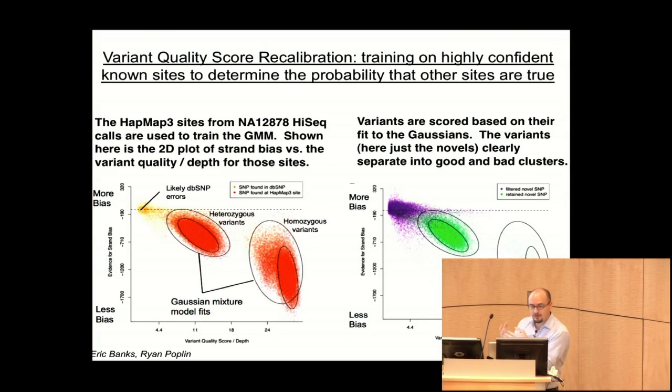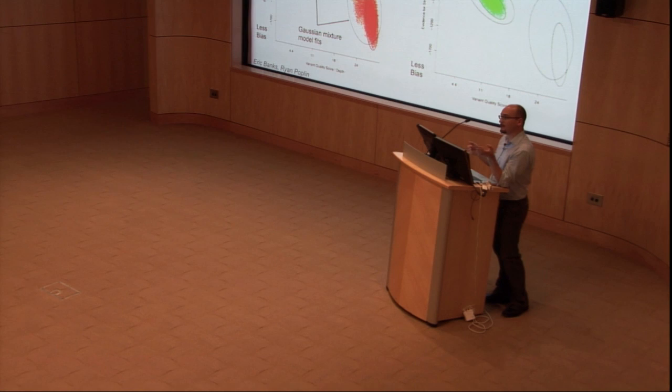It is a multidimensional Gaussian mixture model trained off a variety of covariates of error. These are 2 key covariates for us: the quality score, that probability estimate of being a SNP divided by the amount of reads, which is really how much evidence I have for variation per read providing evidence for the variation. And then the strand bias is how much that variant only appears on one strand of the reads.